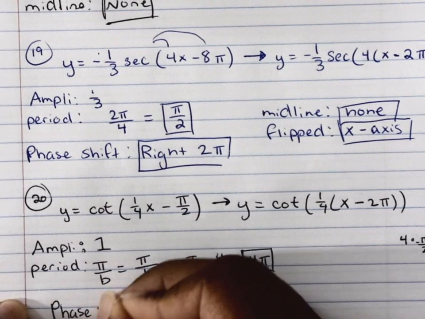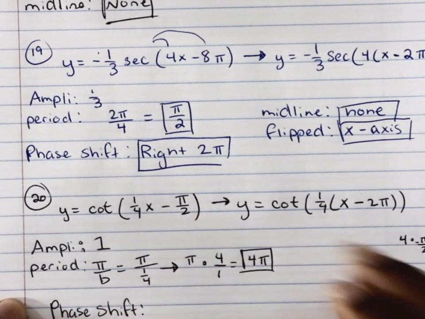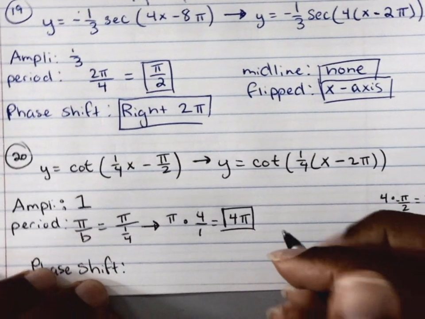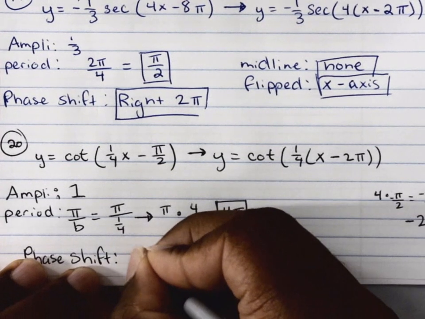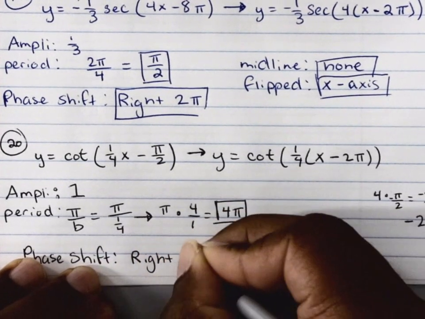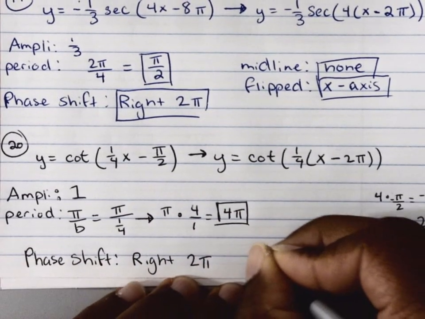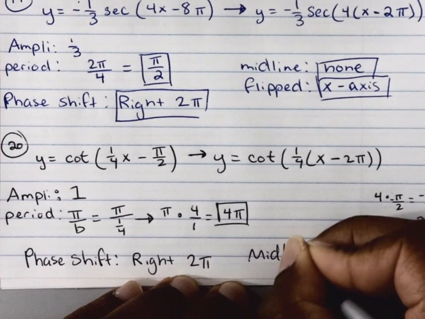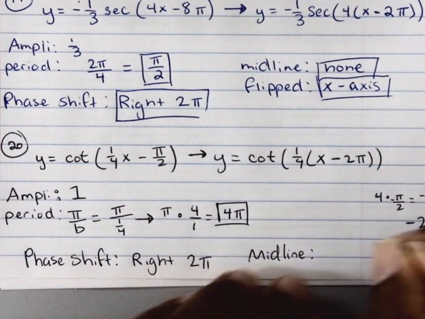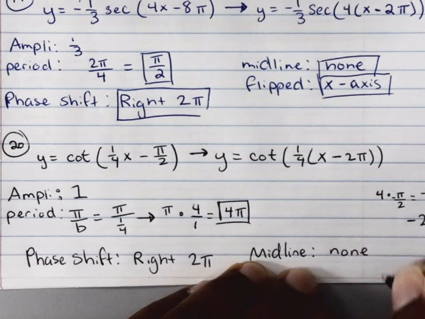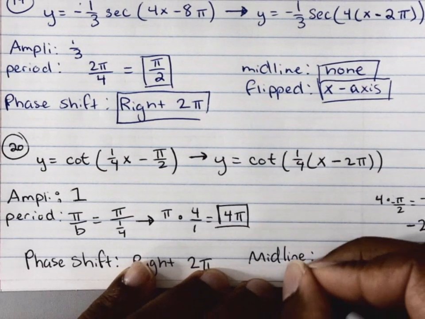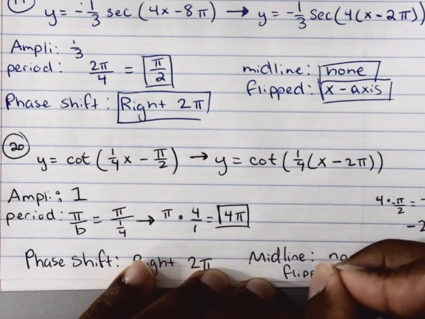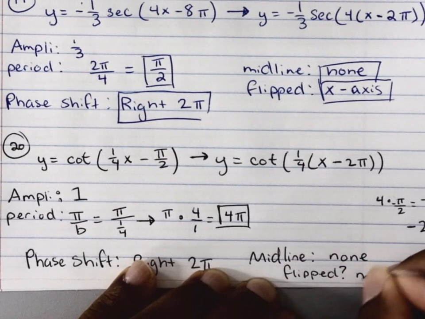Phase shift. Phase shift is right 2 pi. Midline shift is none, and then there is no reflection, so flipped none as well.